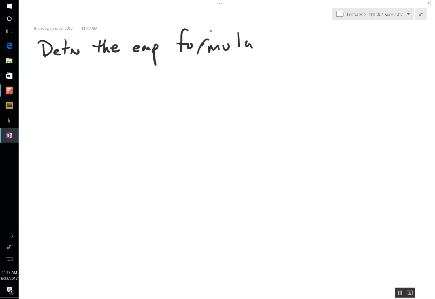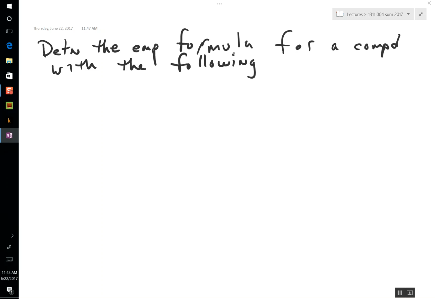Determine the empirical formula for a compound with the following percent composition.